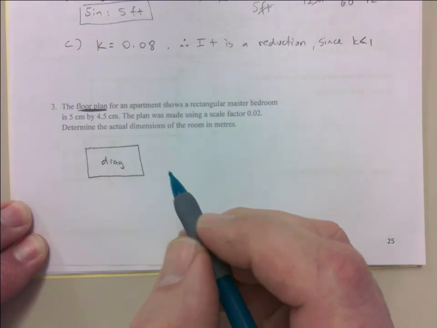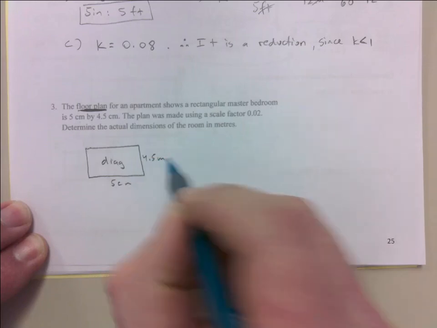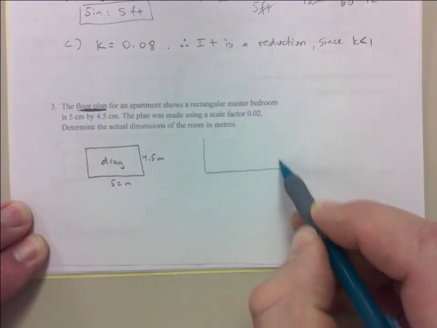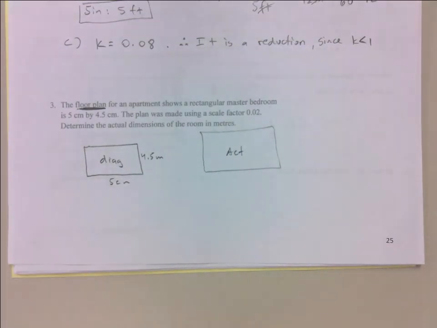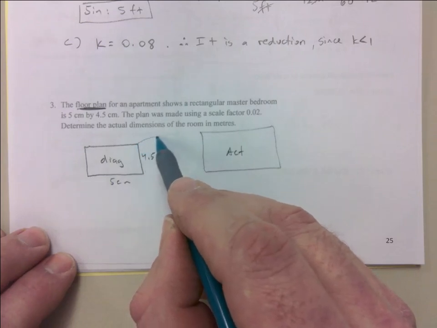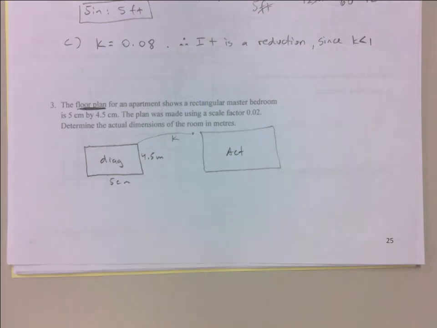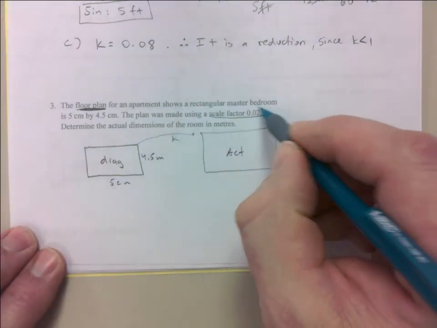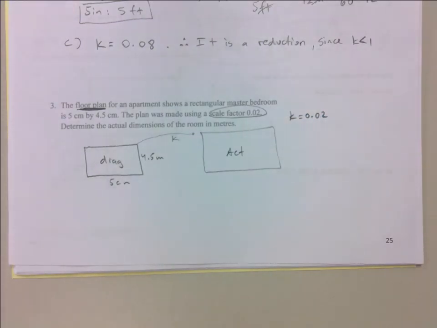We know that the actual bedroom is going to be much larger. However, in this case, they tell us the scale factor, and the scale factor is 0.02. That's gold. If they give you the scale factor, that's very important.